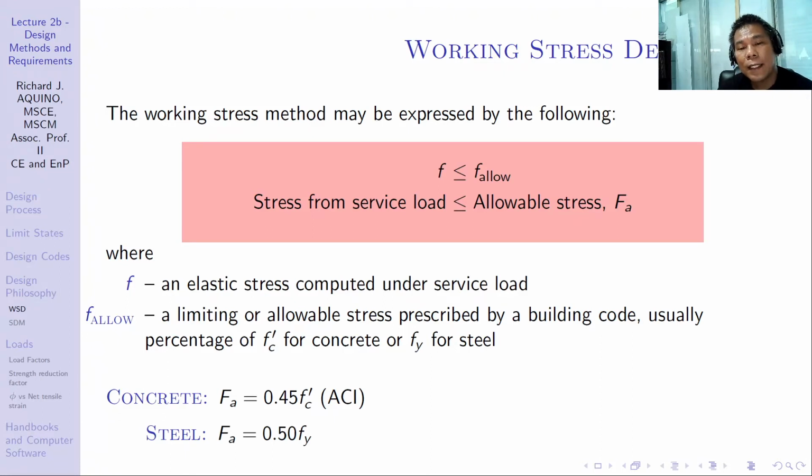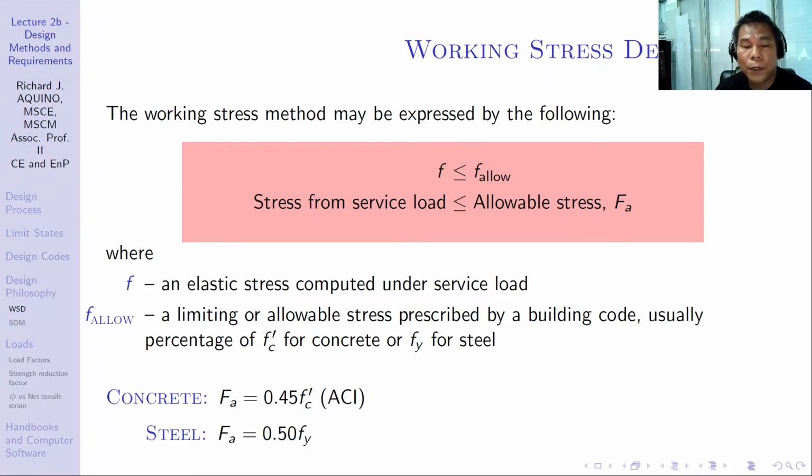Normally the actual stress is small letter f and the allowable stress is capital F. So that's the difference between the symbols. Take note that the small letter f is an elastic stress computed under service load. And F allowable is a limiting or allowable stress prescribed by a building code, usually a percentage of fc prime for concrete or fy for steel.